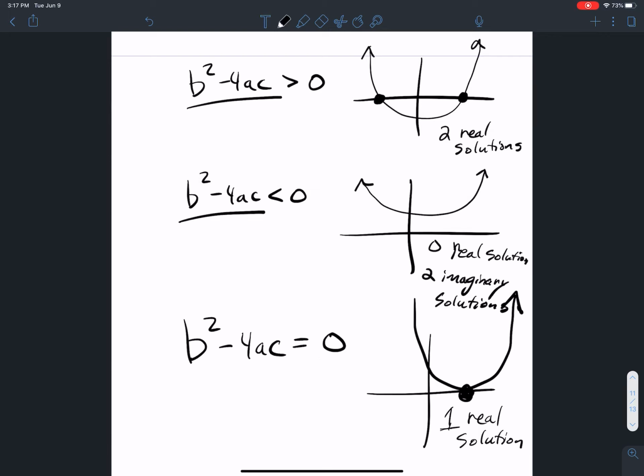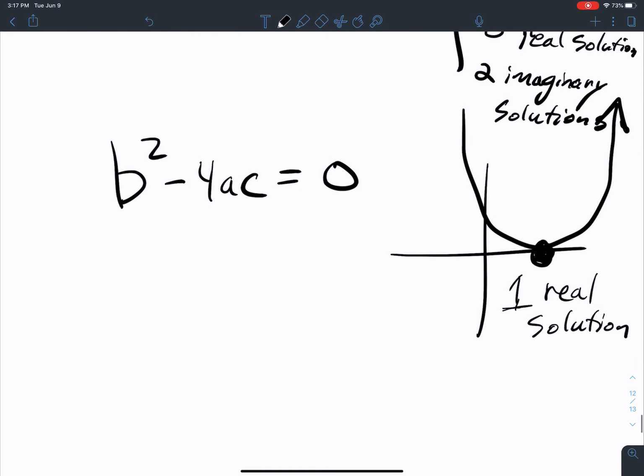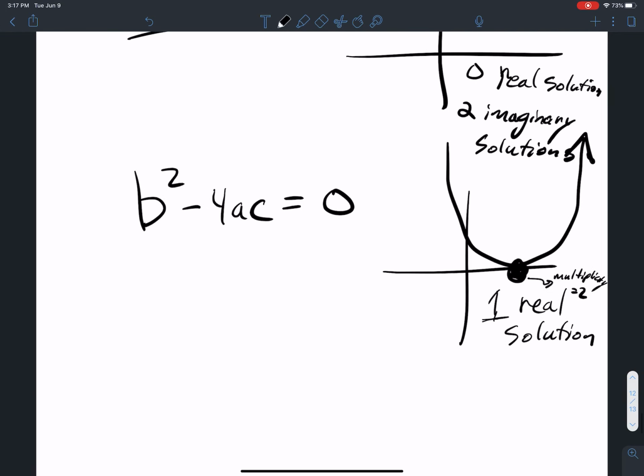We'll talk about this more later on in the class, but the multiplicity at this point is equal to 2. So technically there are 2 real answers, but it's the same real answer.